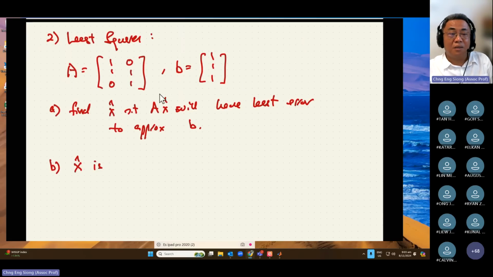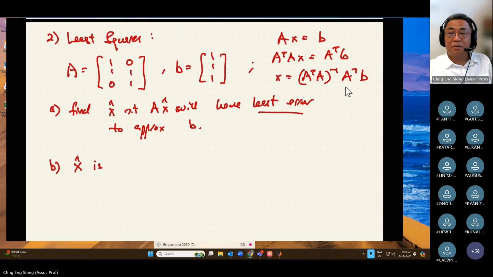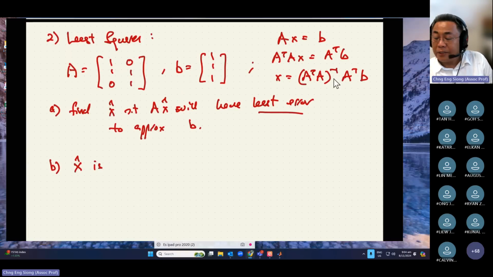Already I tell you this is least squares, so you must be able to do this. Ax equals b. So the step is always A transpose A x equals A transpose b. So x hat equals (A transpose A) inverse A transpose b. And then you find it. I think it takes you 2-3 minutes because the numbers are very simple. Is that all right, Marvin? Okay?